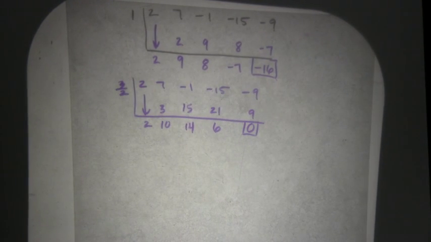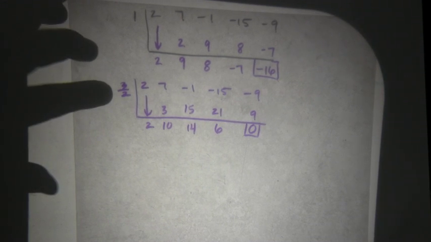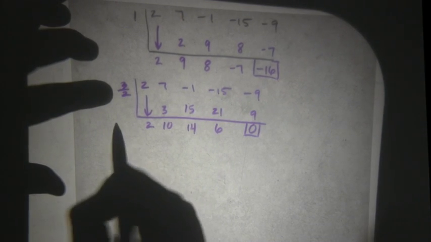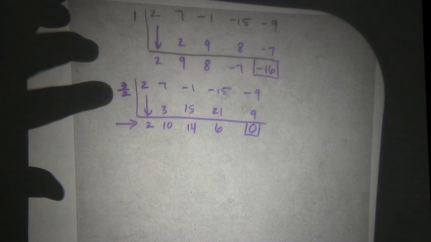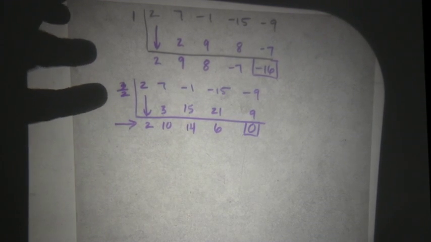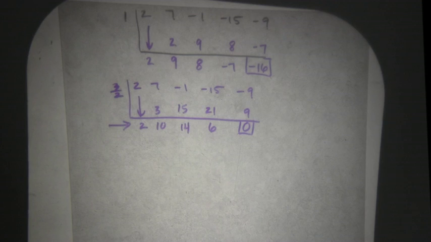See how that worked? We got a zero, but beyond that, we're dividing by a positive number, and the last row is all positives. That tells us that 3/2 is an upper bound.